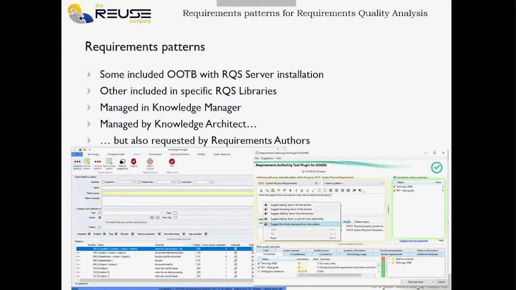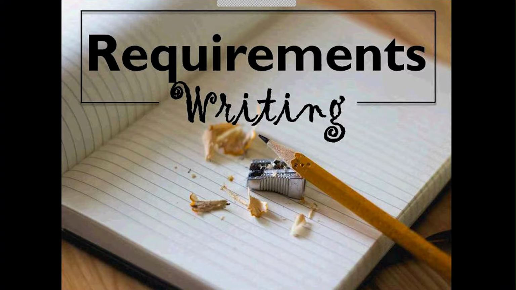This is the suggestion, and the suggestion will be addressed in Knowledge Manager through this menu entry, pattern suggestions, for the knowledge architect just to decide whether or not this suggested pattern should be part of the system knowledge base. So this is the way to deal with and to manage all these patterns.